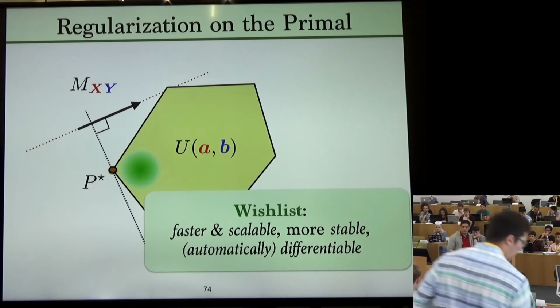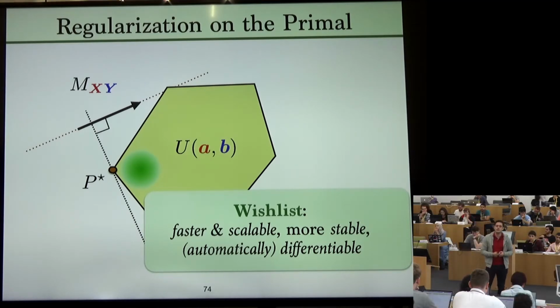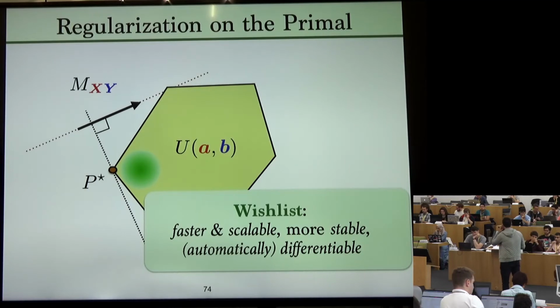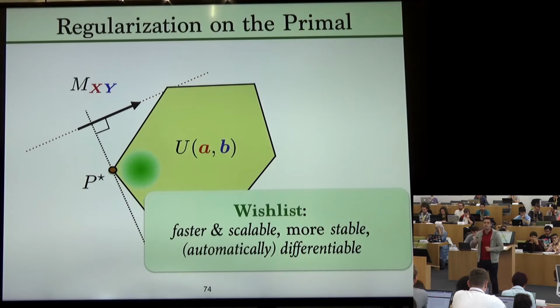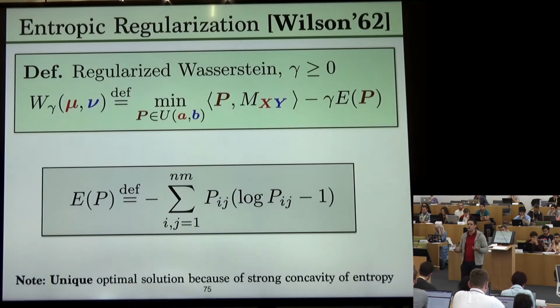So remember the main motivation for this Sinkhorn algorithm was to provide a simpler, faster way to approximate optimal transport. Not go the linear programming route, but simply find some alternative. And I told you that one very natural alternative was to regularize.